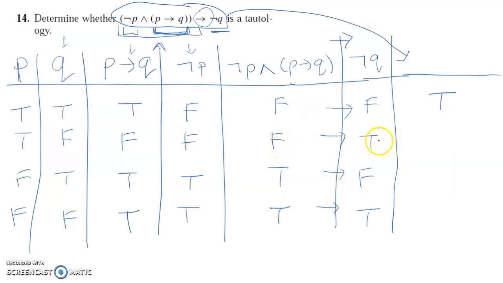If false, then true, we are resulting with a true value, so this is true. If true, then false, this is false. And if true, then true, this is also true. So in the end, our answer is that this is not a tautology because we have a false value here. It'll only be a tautology when all of our values are true.